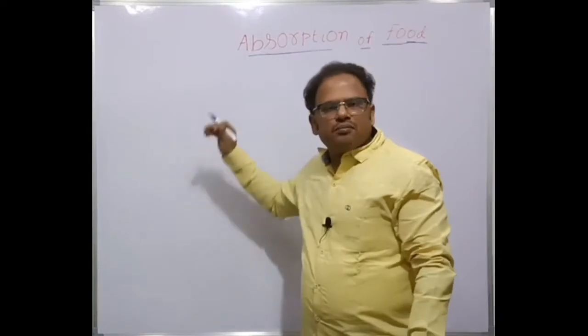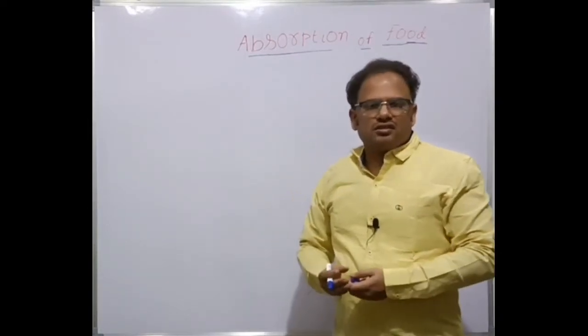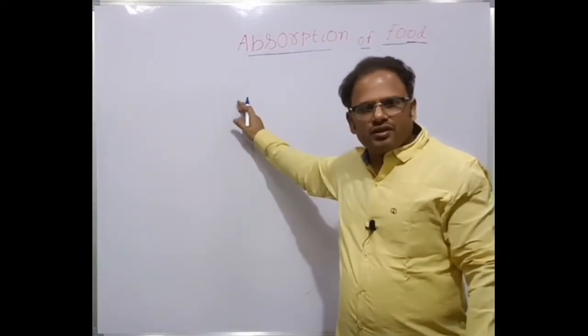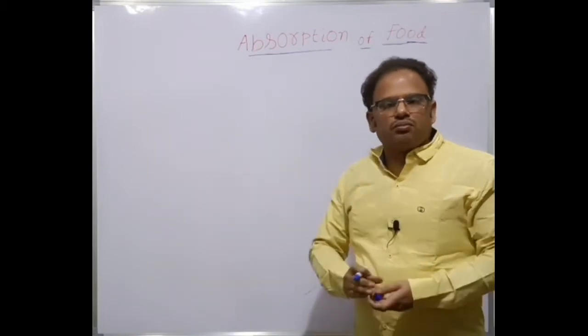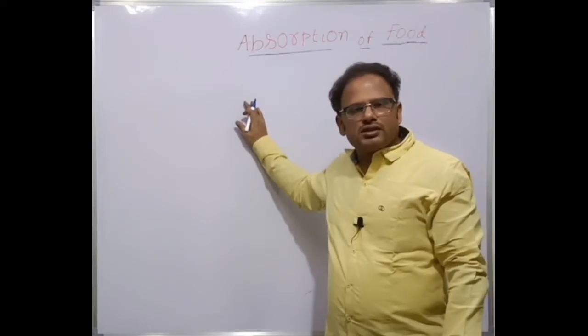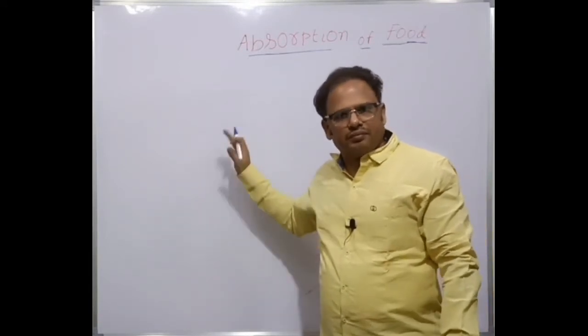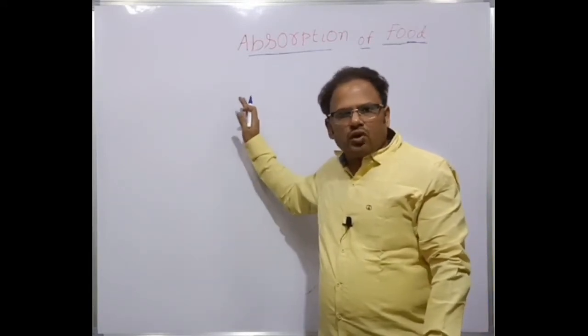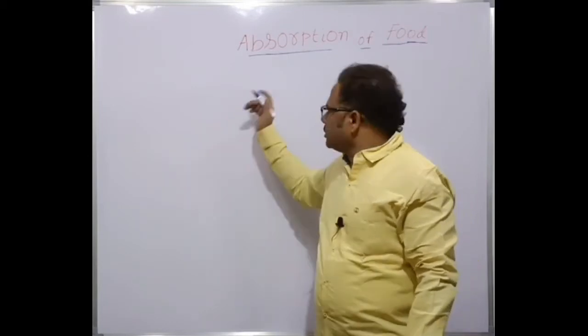Small intestine is a main organ of digestion. The digestion is completed, and small intestine is also the main organ of absorption. The small intestine contains the finger-shaped structures called villi, which are lined by the columnar epithelial cells, isn't it?